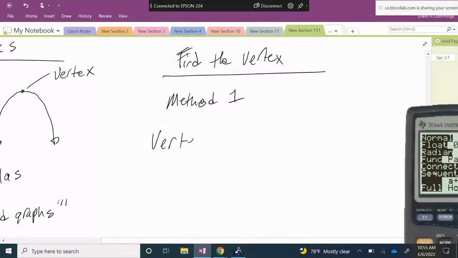The vertex is negative b over 2a, and f of negative b over 2a.